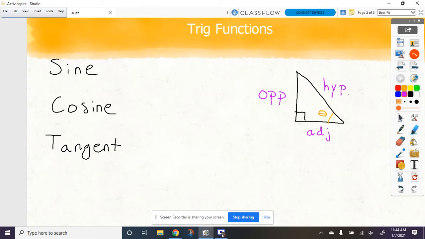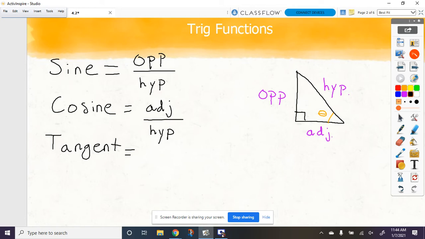So in general, our sine is going to be which two sides? Opposite. So it's going to be our opposite side divided by our hypotenuse. And then our cosine is our adjacent divided by the hypotenuse, and then our tangent is opposite divided by adjacent. Does anybody remember the little saying?